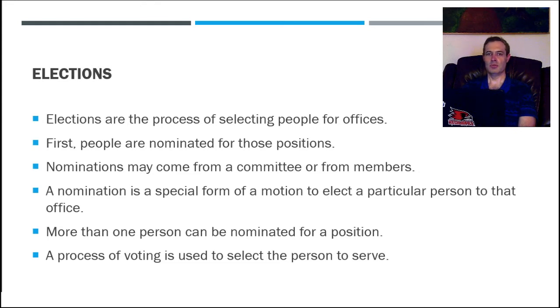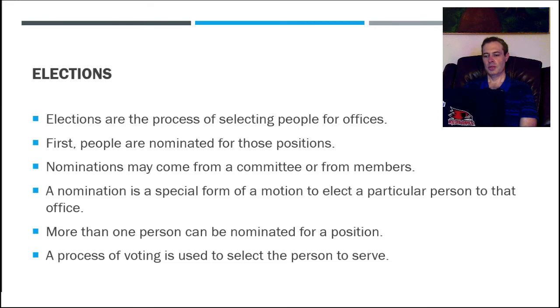A lot of times, what you would expect is that it comes from a committee, which would be the nominating committee, or sometimes other committees are permitted to nominate someone. The proper thing to do there would be to accept nominations from the committee and then to ask for nominations from the floor.